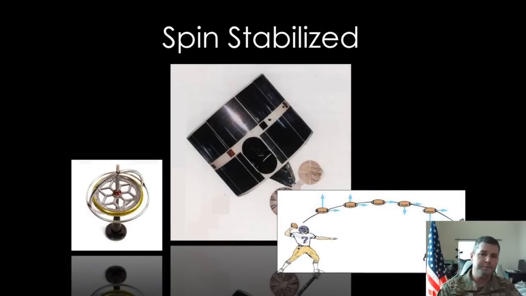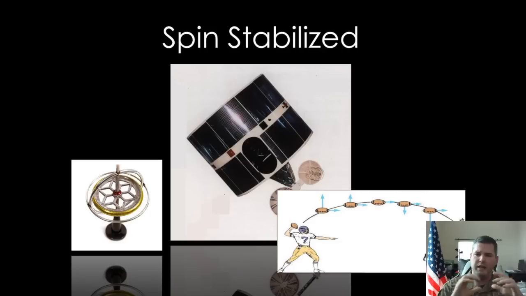All right. Next is spin stabilization. So I brought back that gyroscope, but similarly to how we spin stabilize a ball. If you spin up something and you give it a large angular momentum, it's going to be much better prepared to reject small disturbance torques, because that large angular momentum is going to be considerably larger than the small angular momentum that it's going to pick up with those disturbance torques.